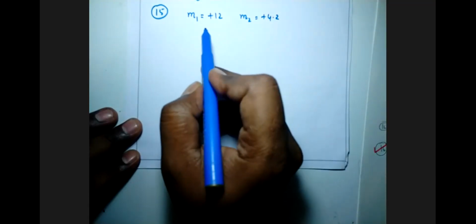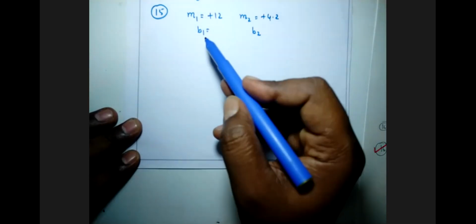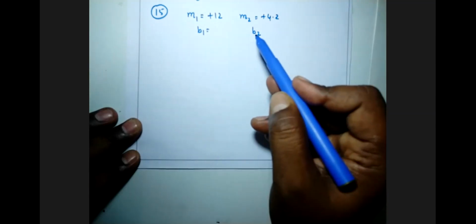The given data is the apparent magnitude changes from +12 to +4.2. Let us take M1 is equal to +12, M2 is equal to +4.2. The corresponding brightness, take it as B1 and B2. Here we have to find the ratio of the brightness.